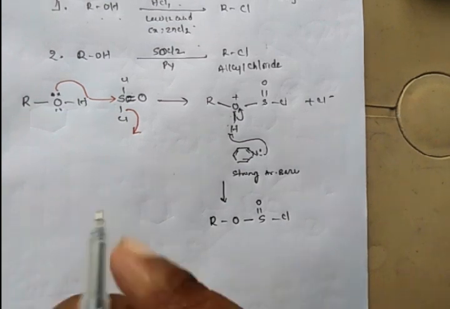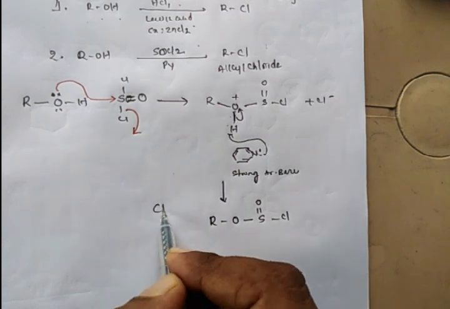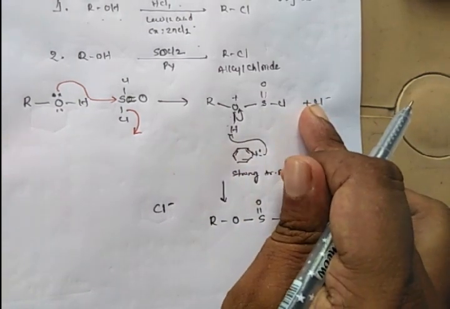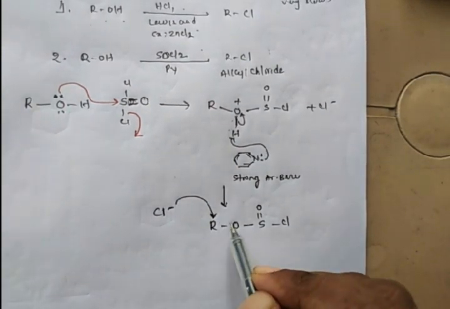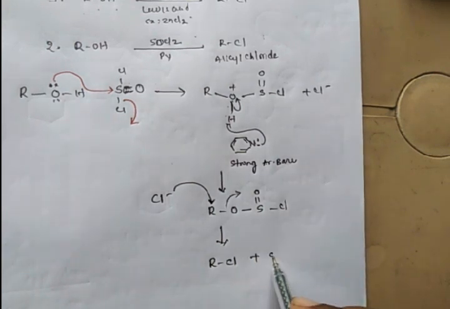Then the nucleophilic chlorine atom present in the reaction medium attacks the alkyl group, and the leaving group leaves from the alkyl group and forms alkyl chloride plus SO2 plus Cl.